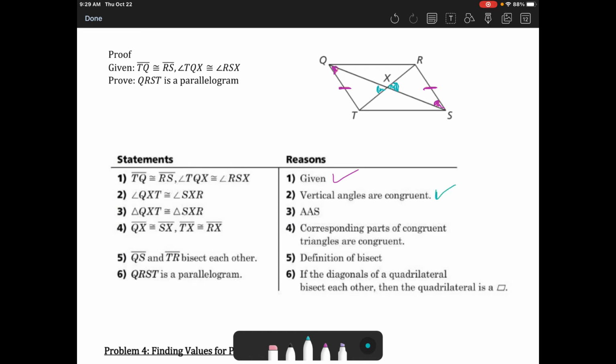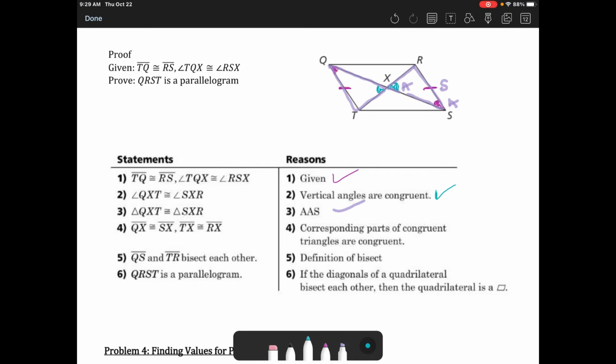So we can conclude that this triangle and this triangle are congruent by angle, angle, side. Actually, I mislabeled that. It should go in order, so it should be angle, angle, side. So by angle, angle, side, those two purple triangles are congruent.